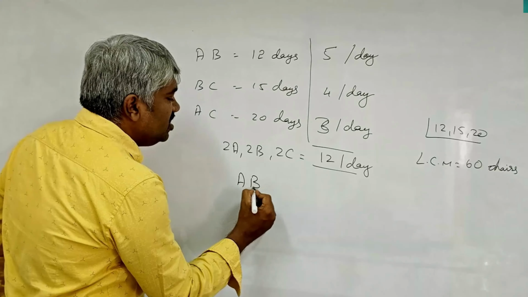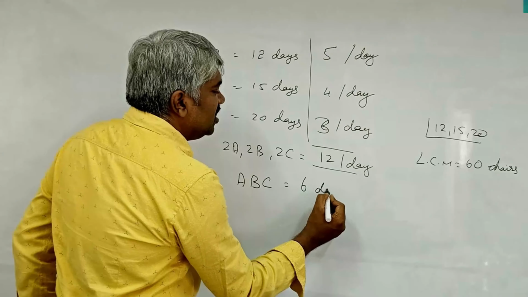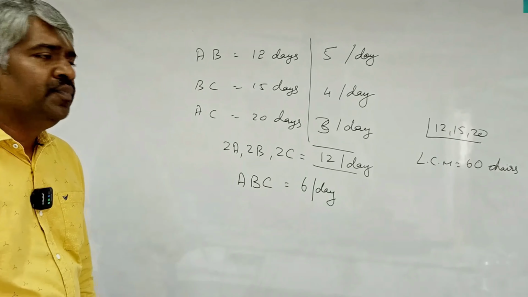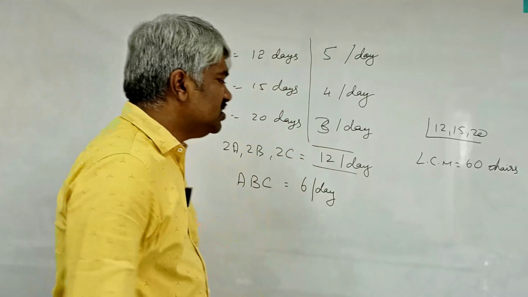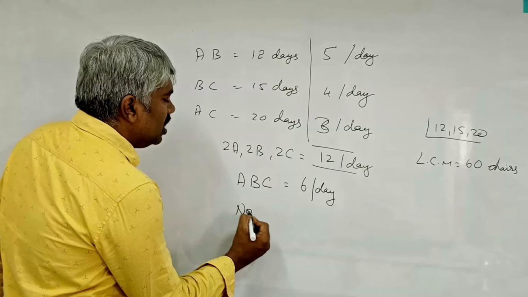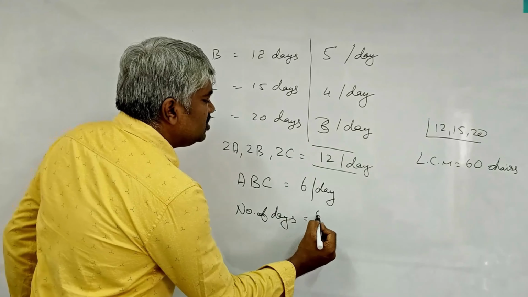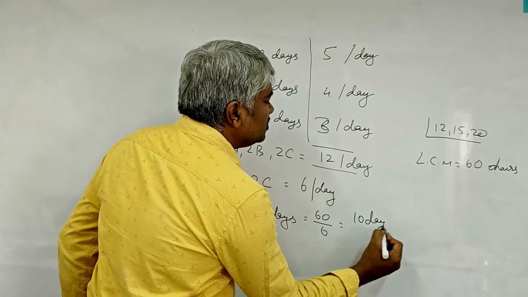So, when 1A, 1B, and 1C work, they manufacture 6 chairs in one day. Now, to manufacture 60 chairs, how much time will I take? Number of days equals 60 by 6, which is 10 days.